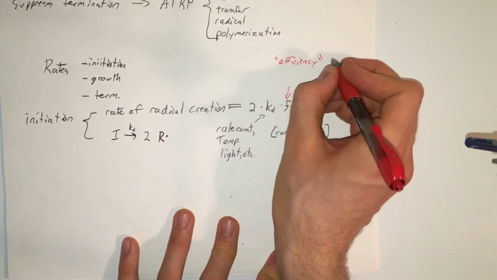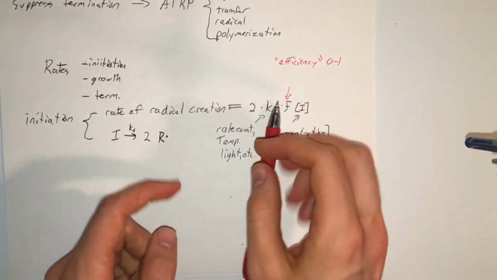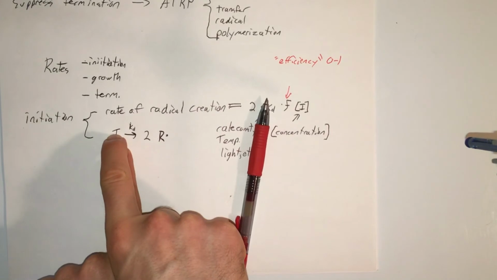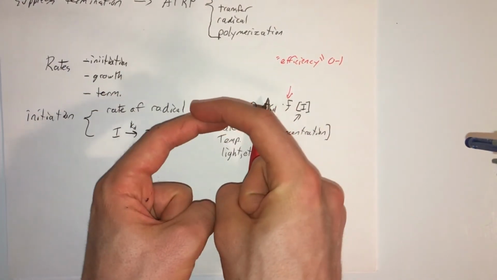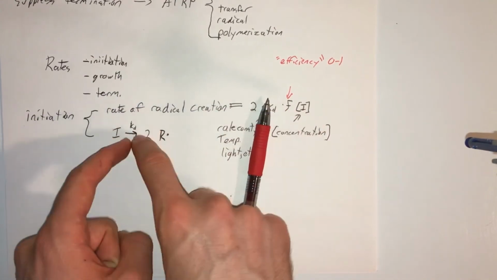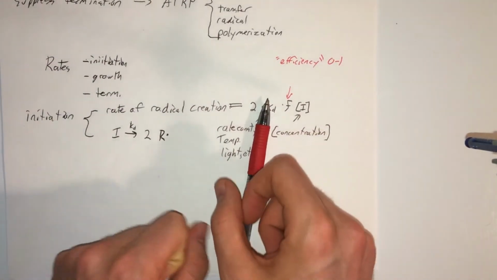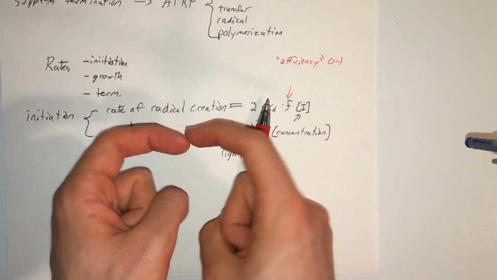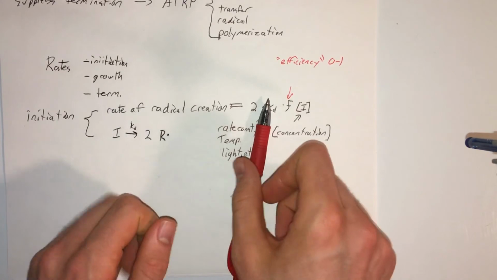So this is basically between 0 and 1, and if we had an initiator break apart and form 2 radicals, but then those radicals immediately combined back with each other, or those 2 radicals just disproportionated, or they created monomers and those monomers immediately combined with one another and disproportionated.